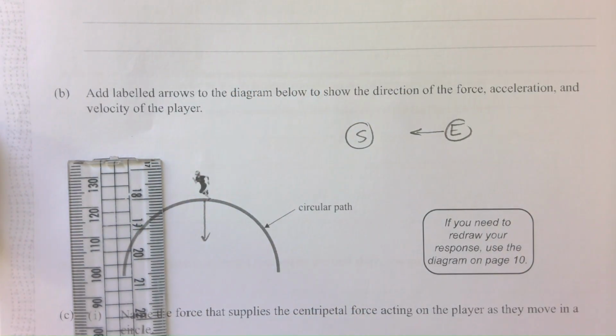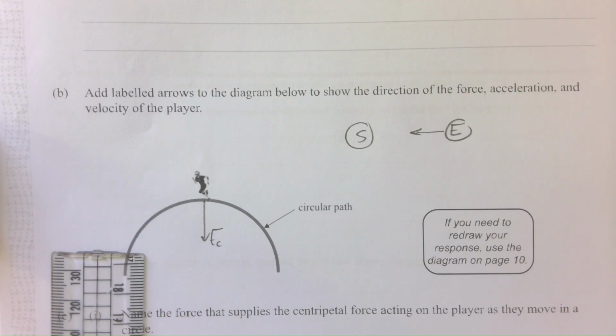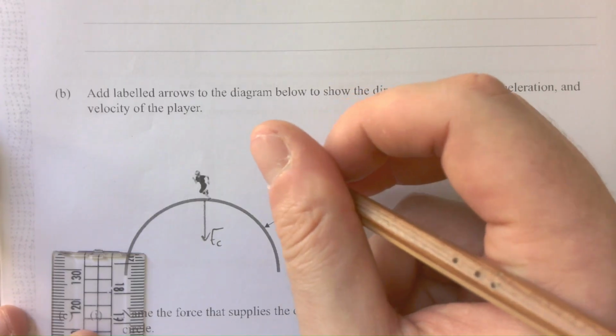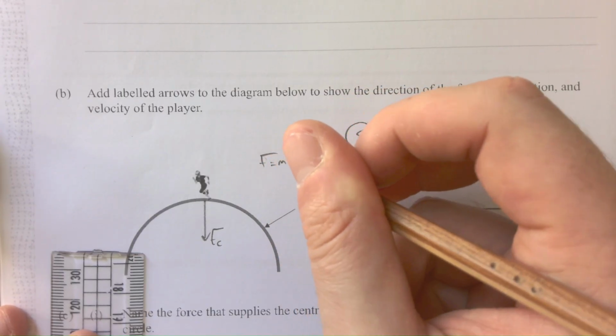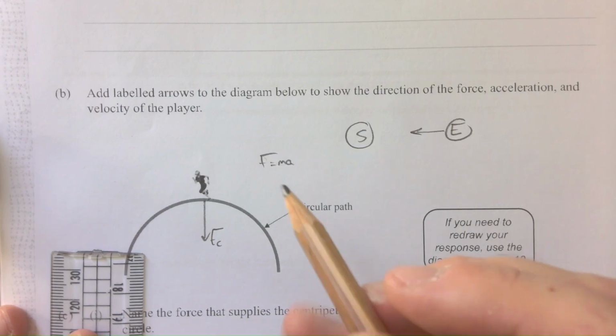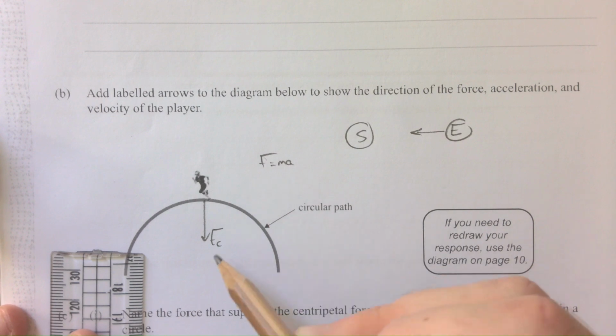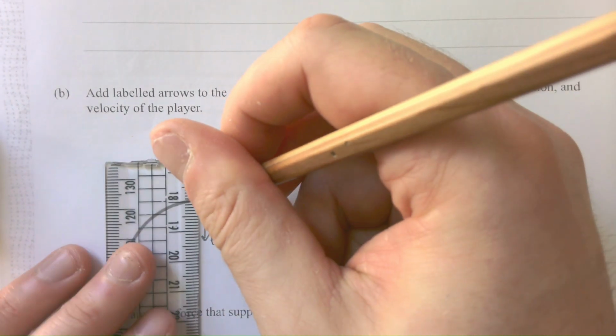Okay, that's going to be our Fc. Now, because this is an unbalanced system and this is our centripetal force, we know from Newton's second law that F equals ma, the acceleration must be in the same direction and proportional to the force. So we're going to have a second arrow.